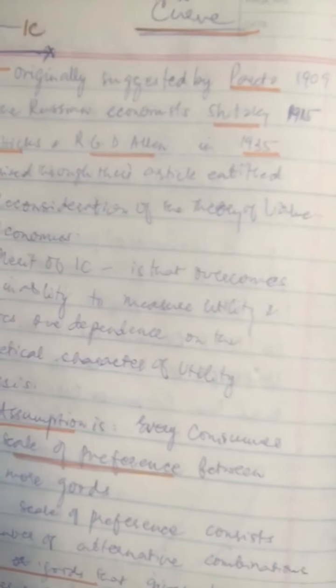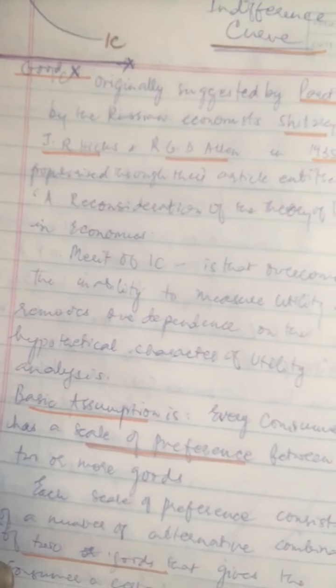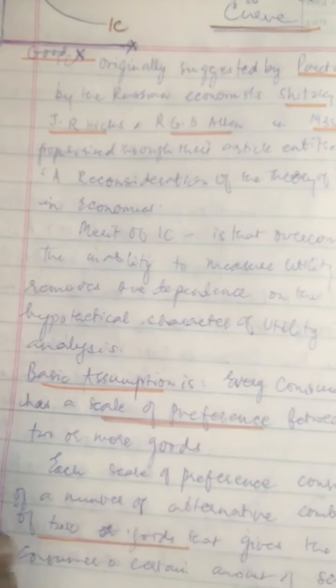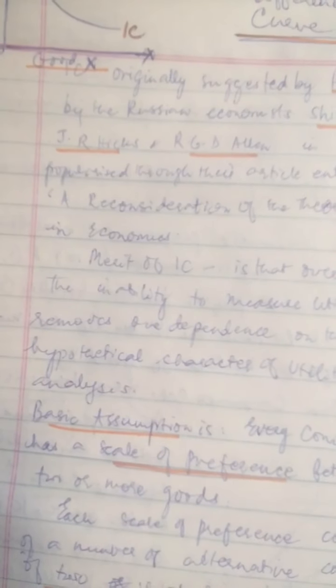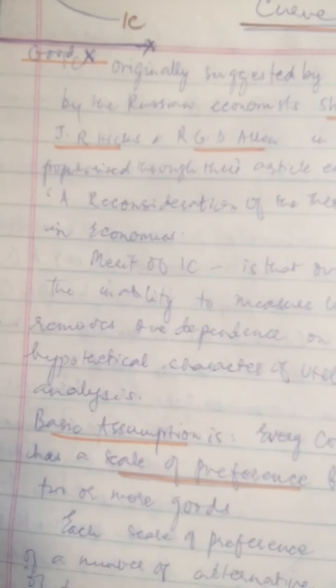An indifference curve is based on the assumption that every consumer has a scale of preference between two or more goods, and each scale of preference consists of a number of alternative combinations of two goods which give the consumer a certain amount of satisfaction.